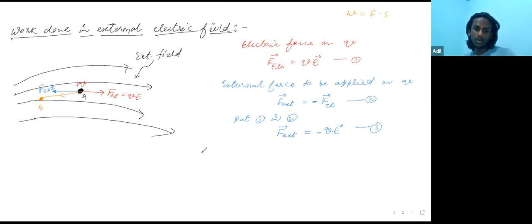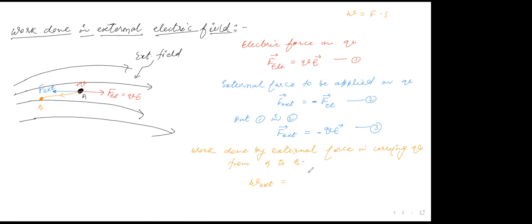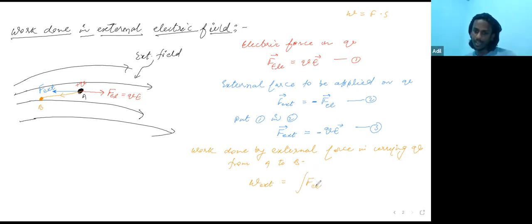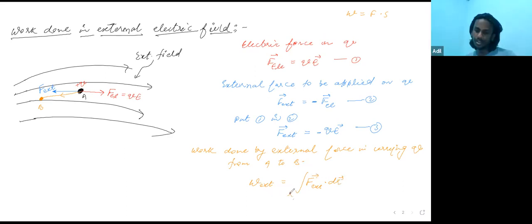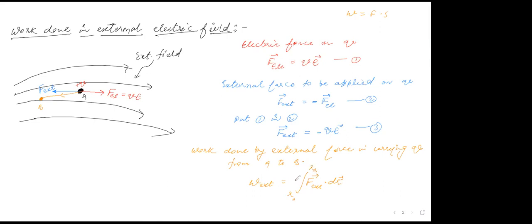Now we are going to write here the work done by external force. Work done by external force in carrying charge Q from A to B. We have W external is equal to integration of F external dot dr, from position RA to the position RB.